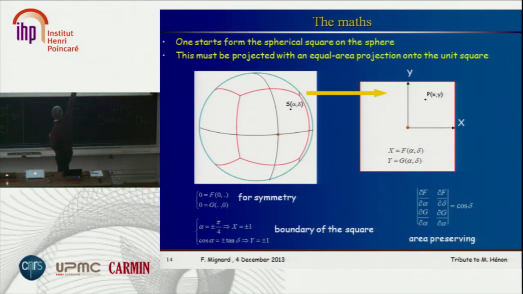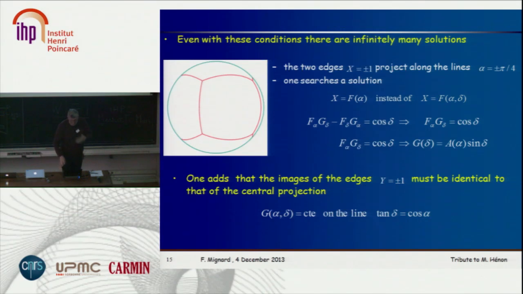Essentially, we would like to satisfy this, which is not satisfied by the central projection. If you develop this in detail, the two edges at plus or minus 1 are projected on lines which are great circles. The upper edges are also projected on arcs of great circles. And now we have to simplify, because there are infinitely many solutions in practice. So we simplify: we say probably the first function should be just a function of right ascension, longitude.